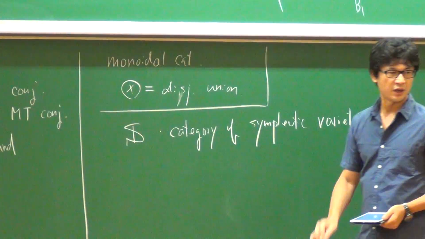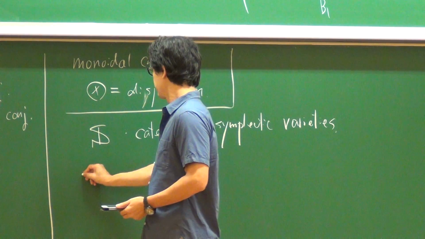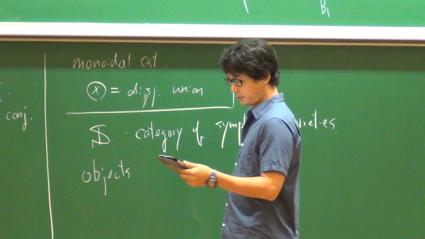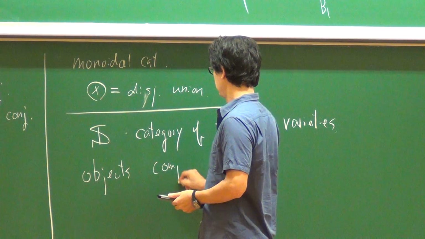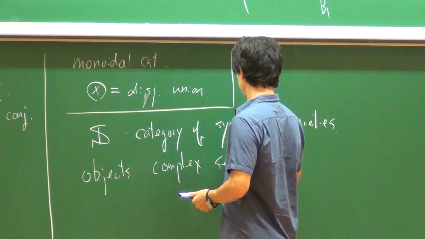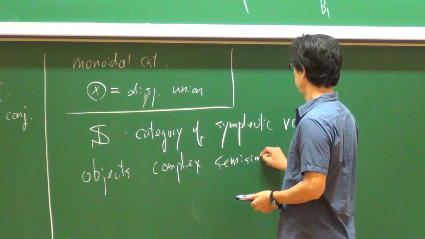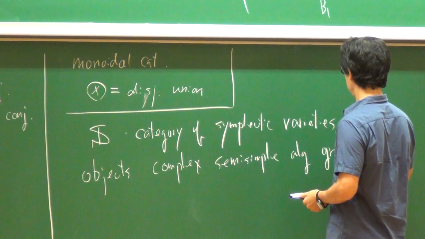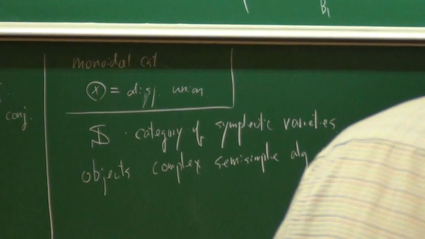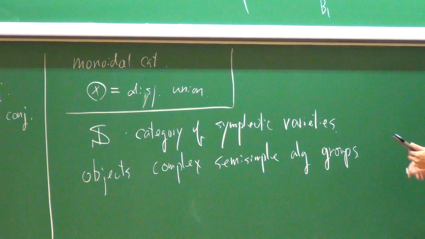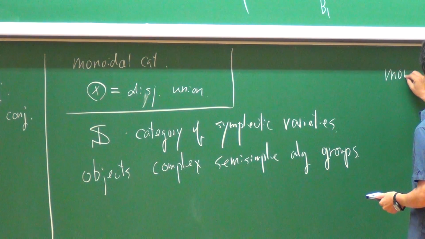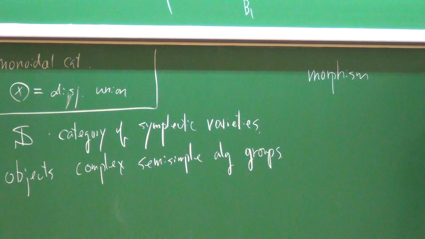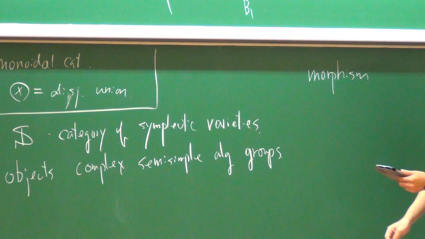But objects are not symplectic varieties. Objects are complex semisimple algebraic groups. But the morphism between two groups is given by certain symplectic varieties.